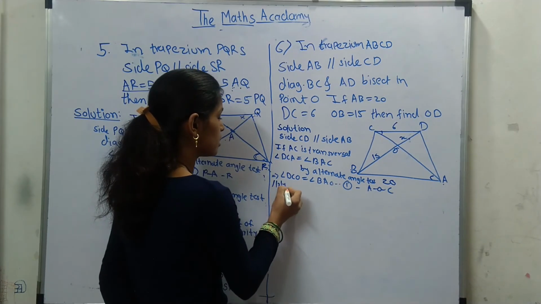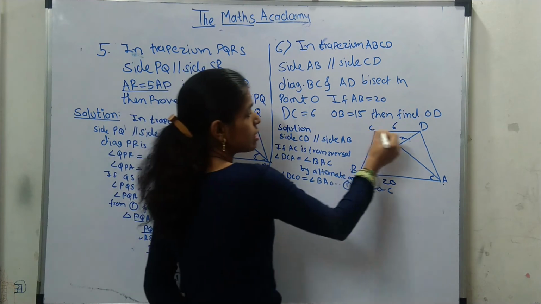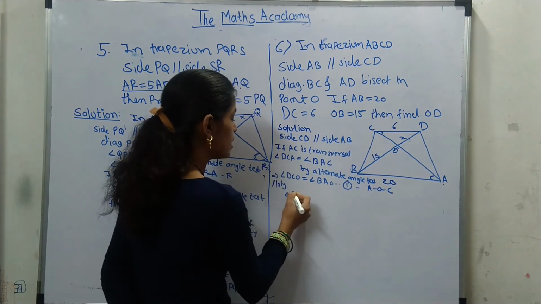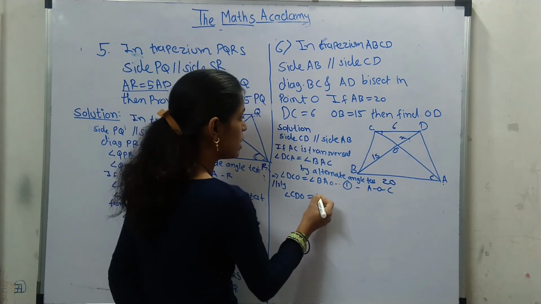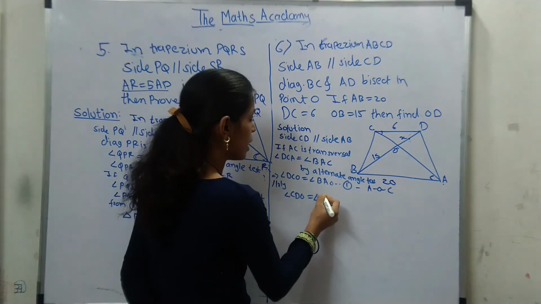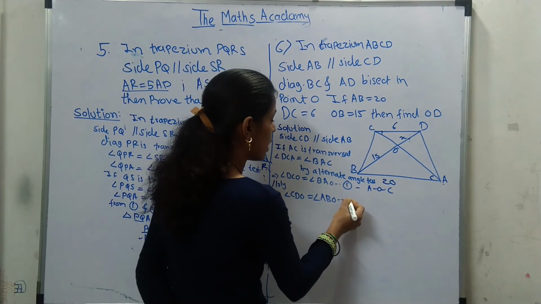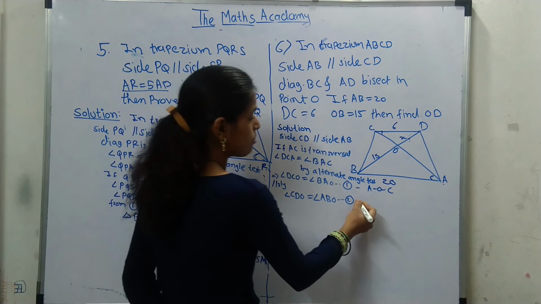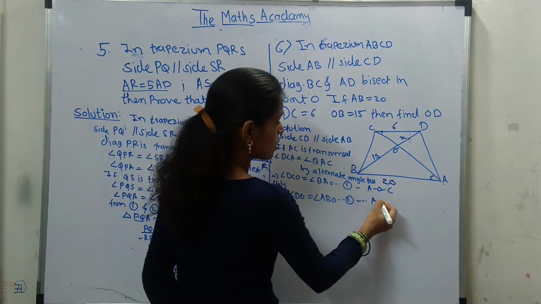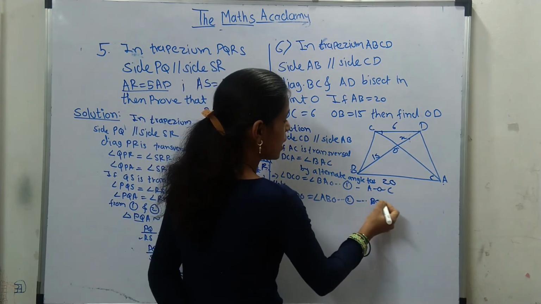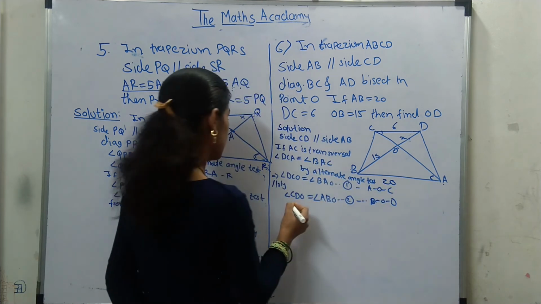Similarly, this angle CDO is equal to angle ABO, and this is the second result, by using alternate angles.